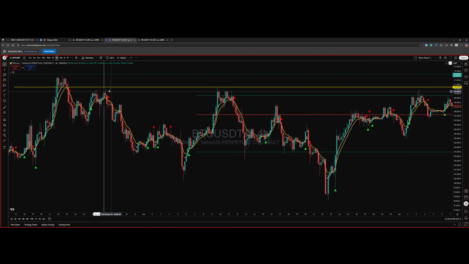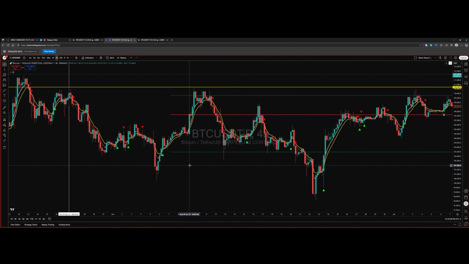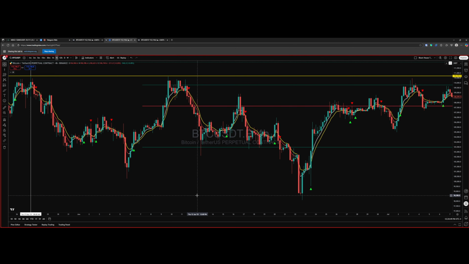The fact that every time it tested this area up to here, that it failed after, kind of validates for you that this is some sort of a legitimate level that needs to be dealt with. And this 4-hour chart kind of gives you the idea of how patient we have to be in between what we think is going to happen and what actually happens.